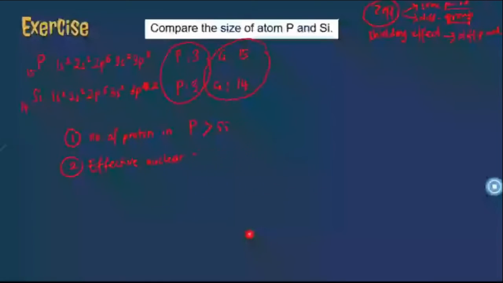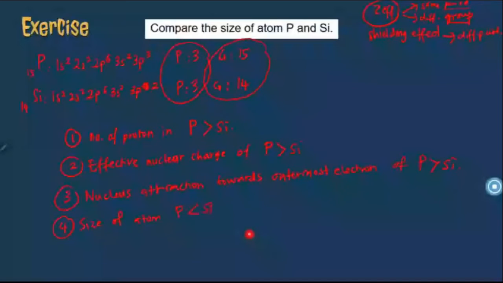So the nucleus attraction towards the outermost electron of phosphorus is greater than silicon. How about size? The size of atom phosphorus is smaller than silicon. So that is your answer, 4 marks.